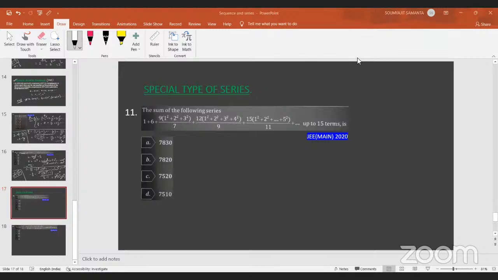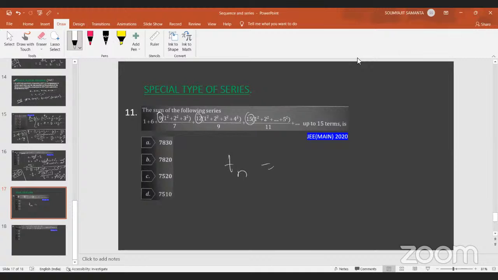In the third term, it is written 1 square, 2 square, 3 square. In this, 1 square, 2 square, 3 square, 4 square. So in general terms, what will become Tn? Look at the first part: 9, then 12, then 15.